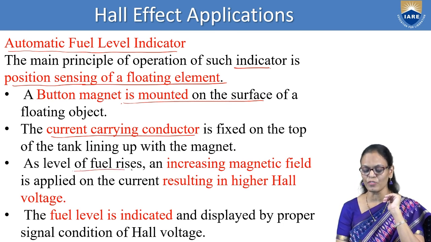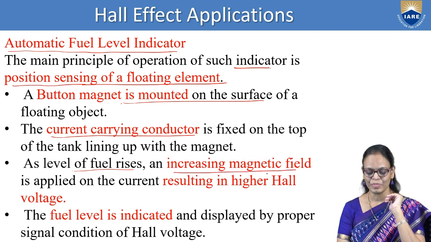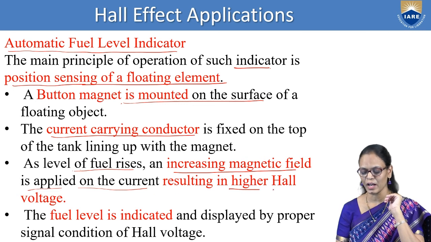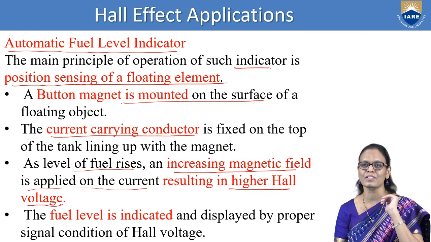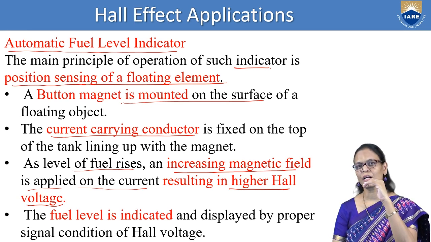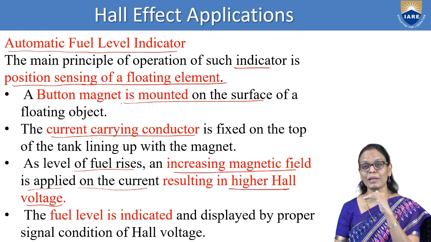Now, as the level of fuel rises, an increasing magnetic field is applied on the current carrying conductor, resulting in higher Hall voltage. As the level increases, the magnet comes very near to the current carrying conductor, so more Hall voltage is developed.